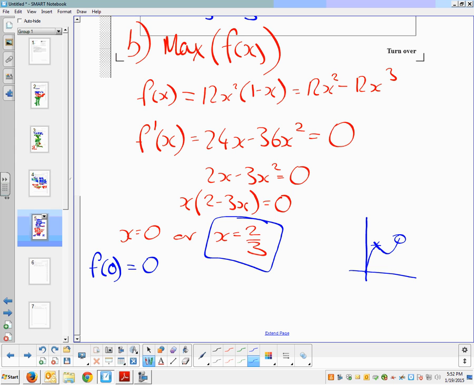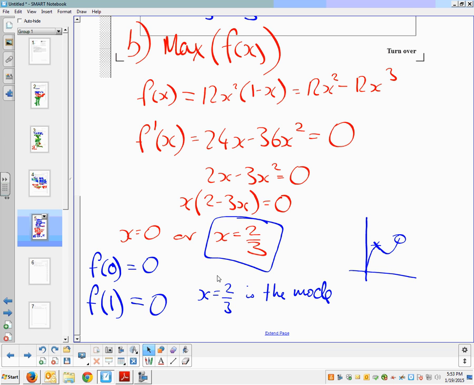So it's probably worth checking what f of 1 is. Well, f of 1 is also 0. So the only possibility for a maximum is x equals 2 over 3, and therefore that's the mode. That level of rigour wasn't rewarded in the mark scheme though, just to be aware.